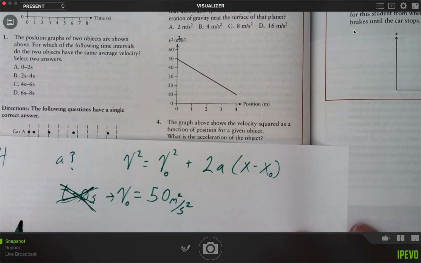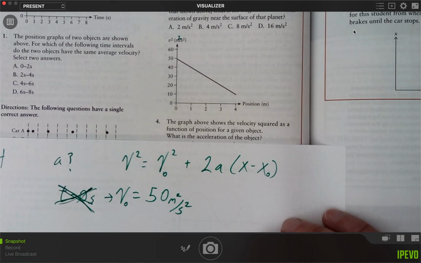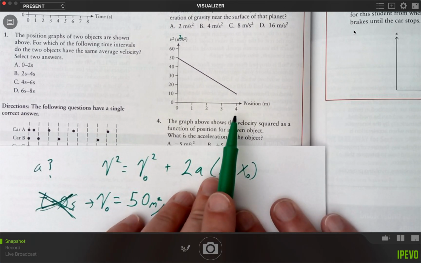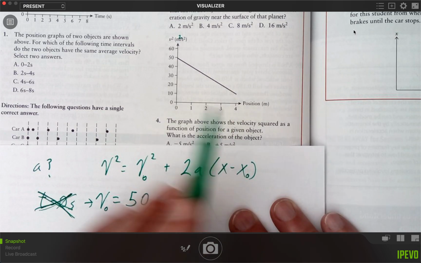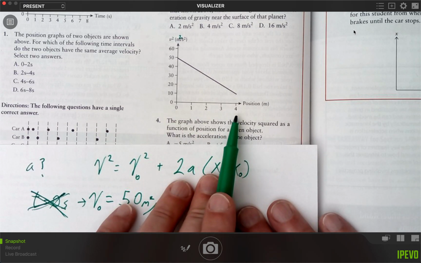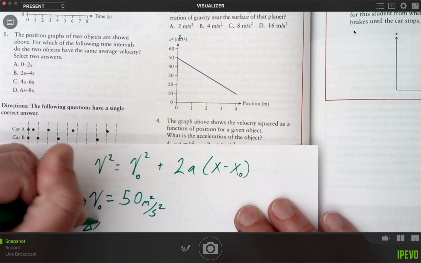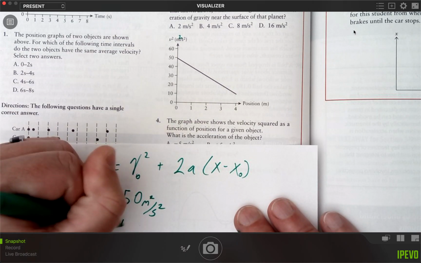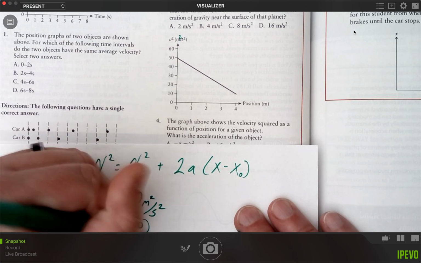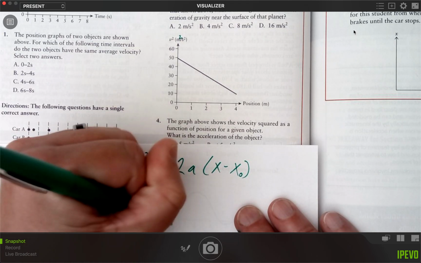So now that I know that, I can also look here on my graph. My position x, if I go 4 minus my initial position 0, so my delta x is going to be 4 minus 0, all in terms of meters, so that's going to be 4 meters.